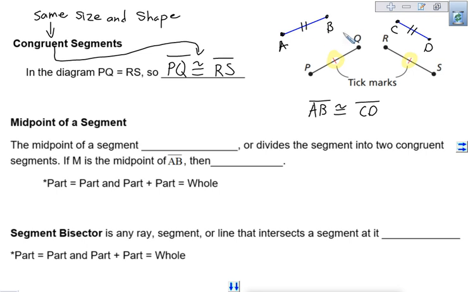That means segment AB and segment PQ are not congruent, just like segment CD and segment RS are not congruent, because one has 1 tick mark, one has 2 tick marks.